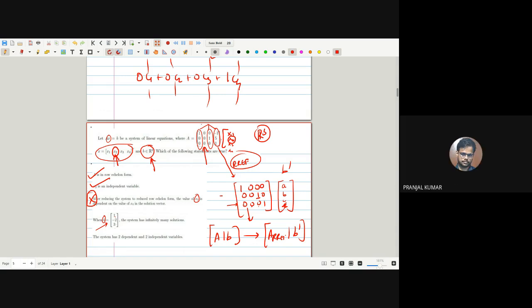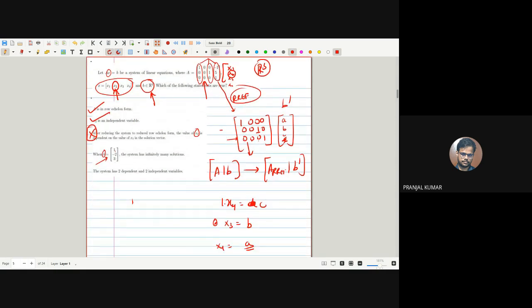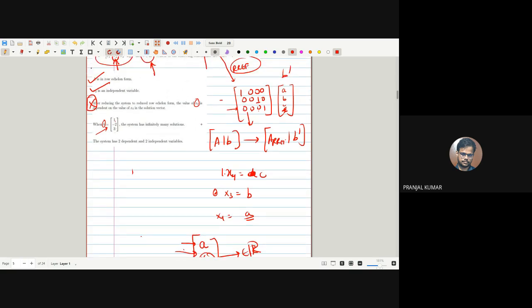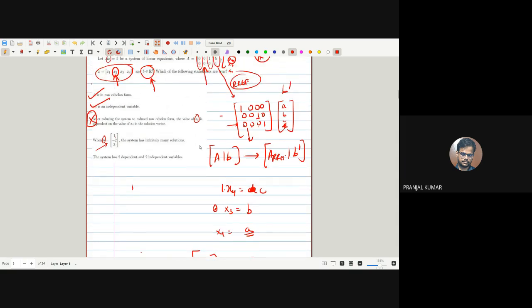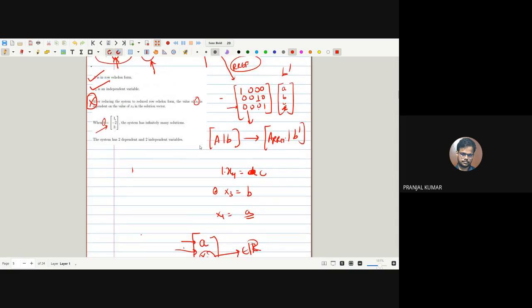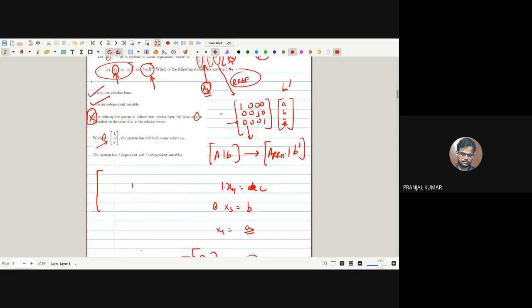Okay, wait 1 second. So you know that it will definitely have a solution, but I don't know whether it will have infinitely many solutions or a unique solution. But since you can see that there is one free variable x2, that will cause this to have infinite solutions.